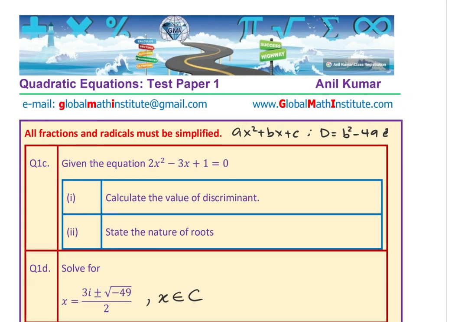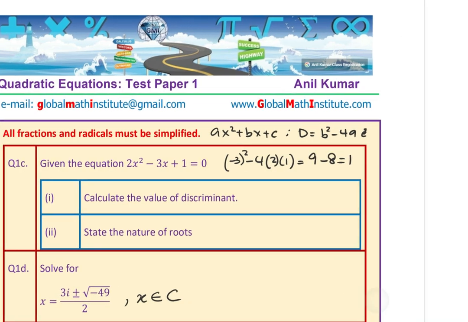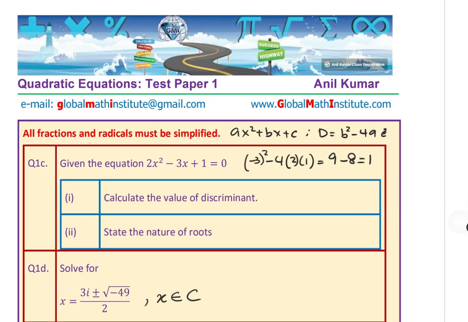Here, b is minus 3, so let's do minus 3 squared minus 4 times a is 2 and c is 1. So we have 9 minus 8, which is 1, correct? So 9 minus 8 is 1.